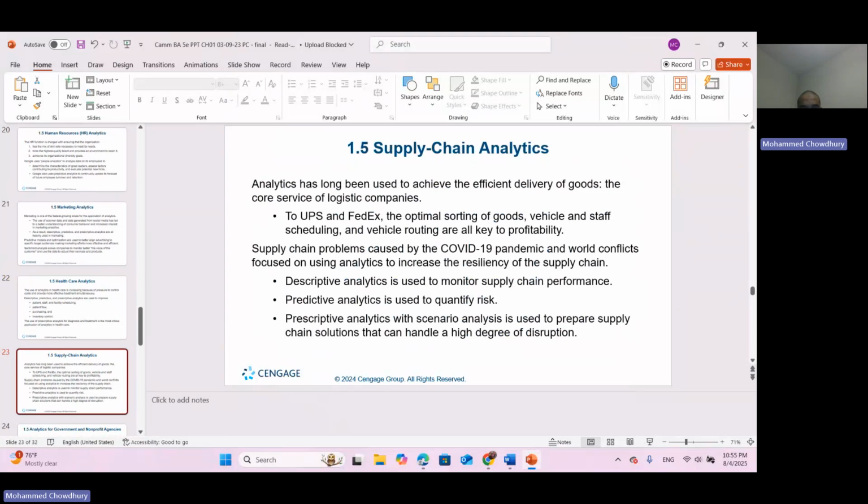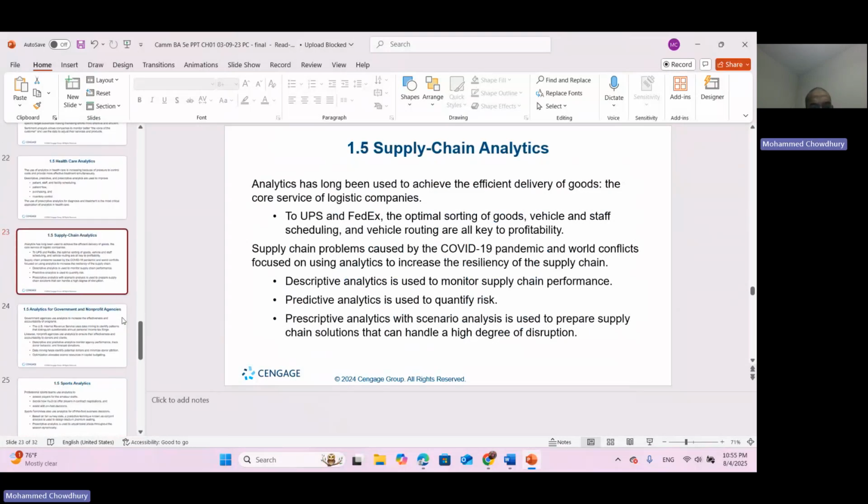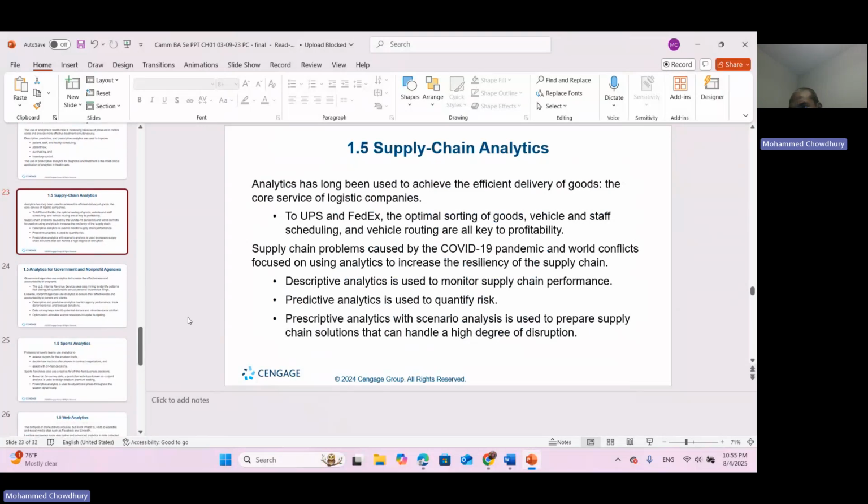Supply chain analytics. Supply chain is nowadays a very important thing because of the COVID supply chain disruptions and the lack of raw materials. It was difficult to produce, and you saw used car prices go up significantly during COVID, right?